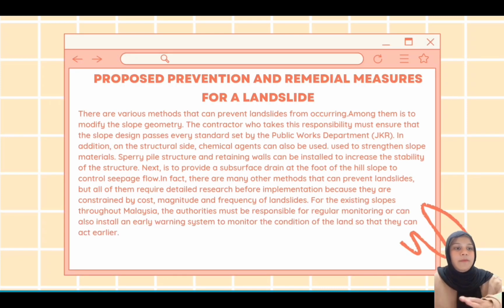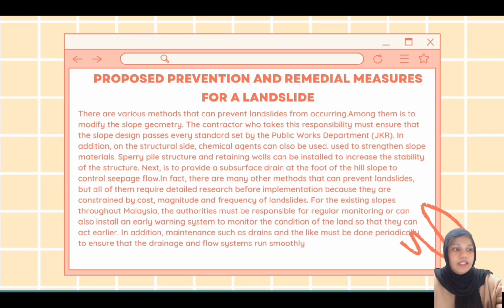And then the purpose, prevention and remedial measures for a landslide. There are various methods that can prevent landslide from occurring. Among them is to modify the slope geometry. The contractor who takes this responsibility must ensure that the slope design passes every standard set by the Public Works Department (JKR). In addition, on the structural side, chemical agents can also be used to strengthen slope material.